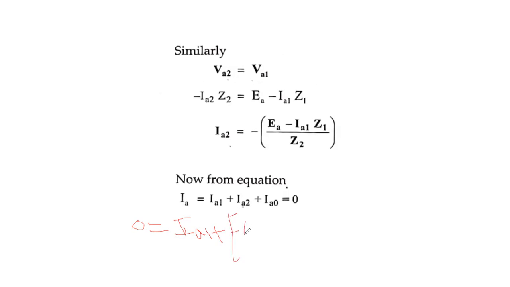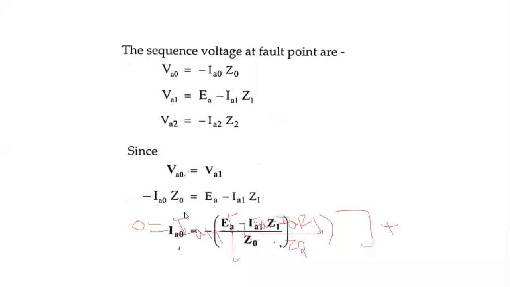IA2 is equal to minus of (A minus IA1 into Z1) by Z2, and IA0 is equal to minus of (A minus IA1 into Z1) by Z0.